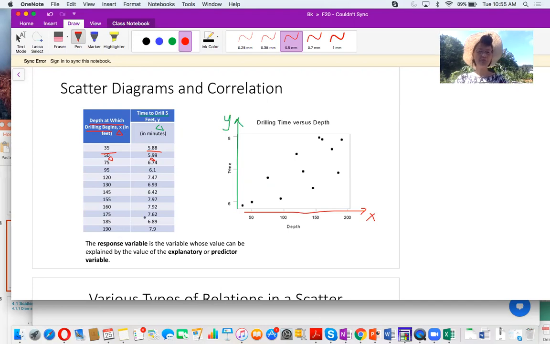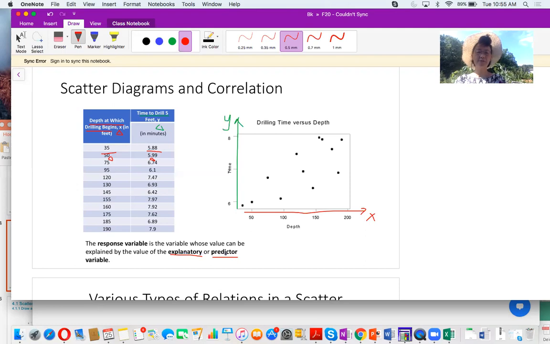And we call this x variable explanatory variable or predictor variable. So in the following lectures, I will use these terms interchangeably.